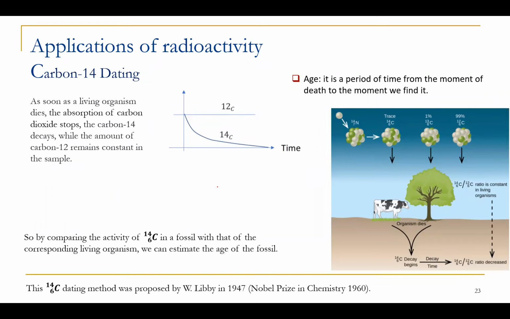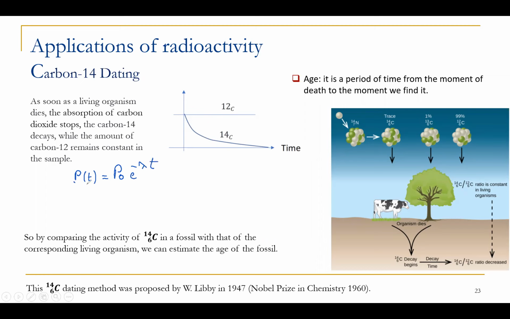Let me explain, before going to the problems, one point. In general, the number of undecayed atoms at a time t equals the number of undecayed atoms at initial time times exponential minus lambda t.